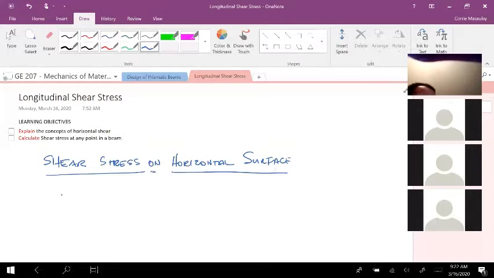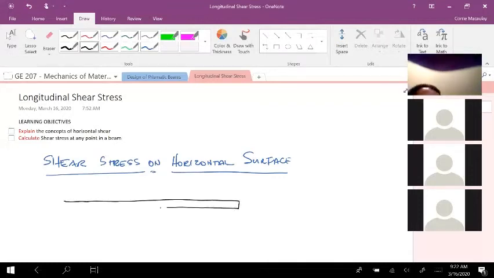And by this, basically what I mean is if I draw a beam, and let's say that beam is again simply supported with a pin support and a roll support, and I have some external forces. I'll just put a point load there.